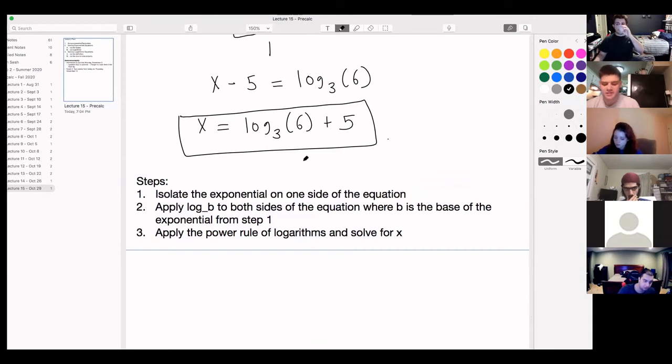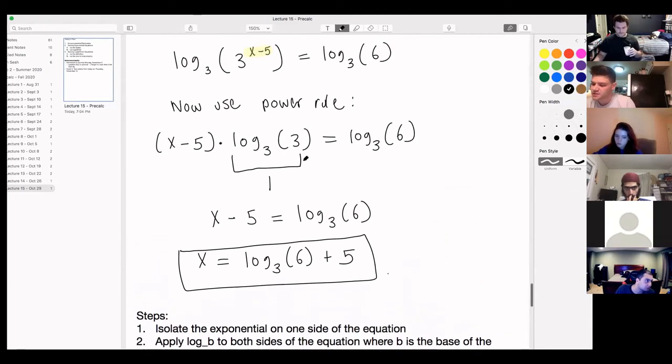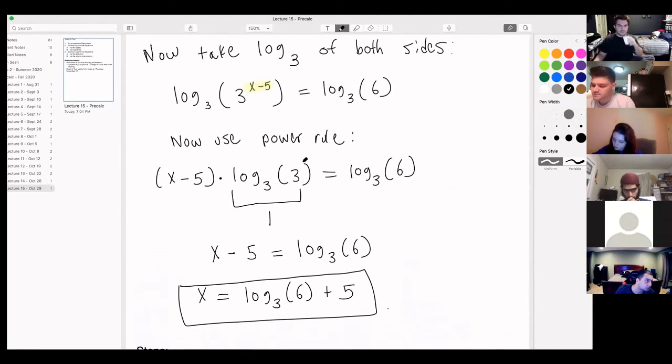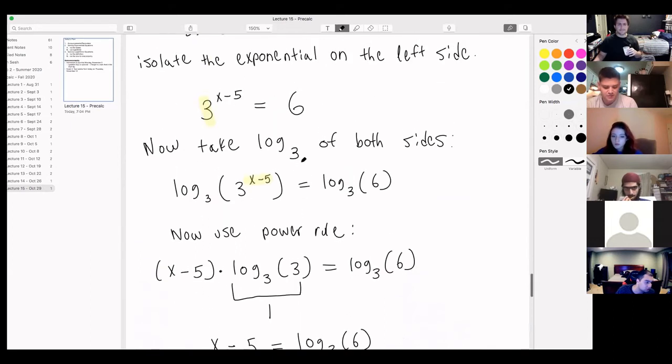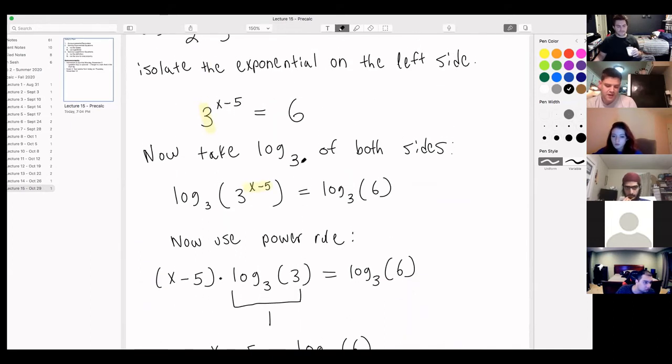Just out of curiosity, can you use that method, the logarithmic method, to solve the former problems, like the 2 to the 5x equals square root of 2? Absolutely. So this is like the definitive method. This will work for everything, but it's just a little lengthier.